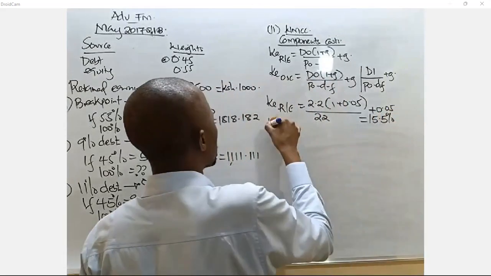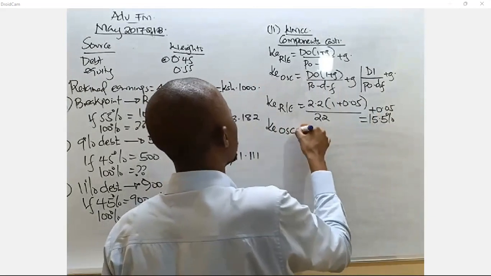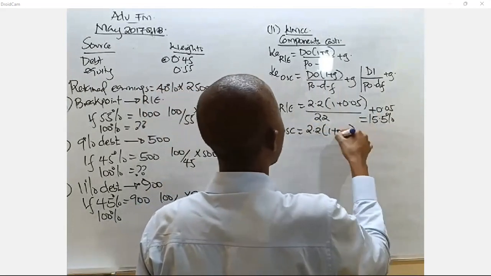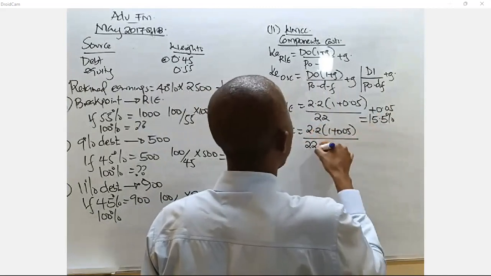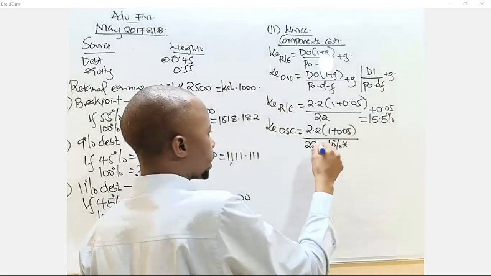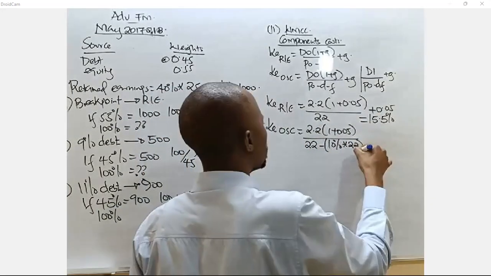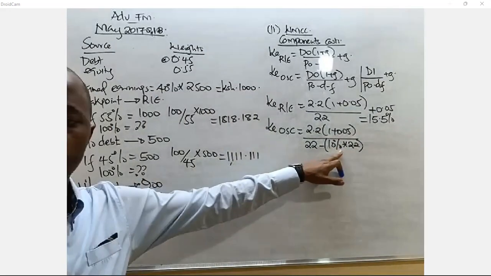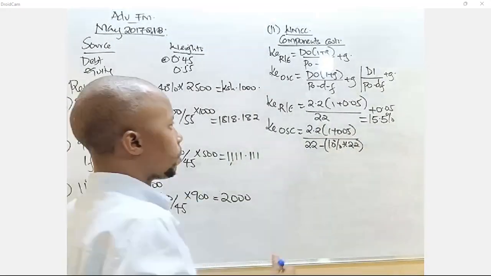Then when you calculate the cost of equity of the ordinary share capital, you take 2.2 times 1.05, divide by 22 minus the flotation cost, which we are told is 10% of the issue price. We are issuing at the market value of 22. This is the flotation cost we are deducting here, plus 0.05.